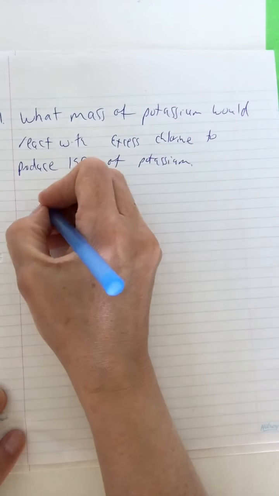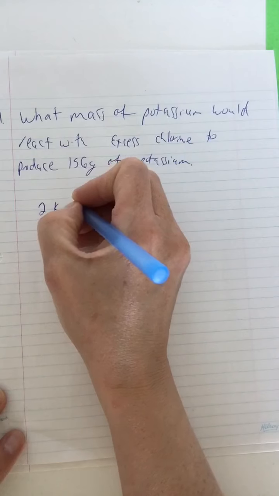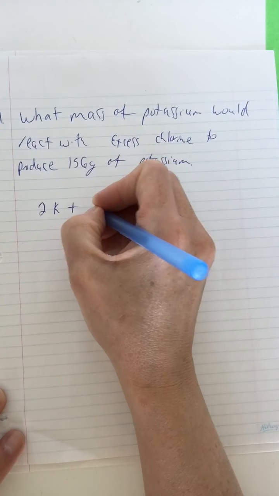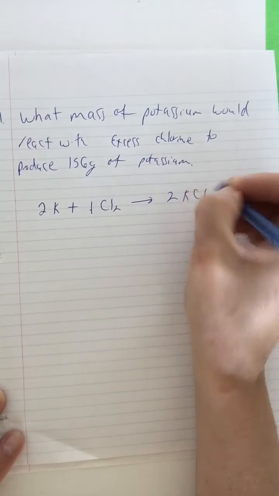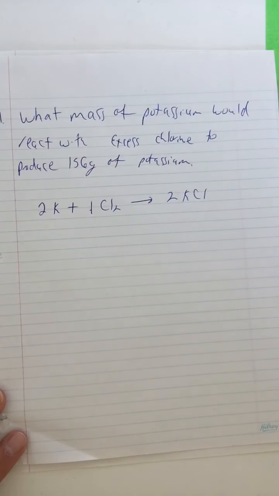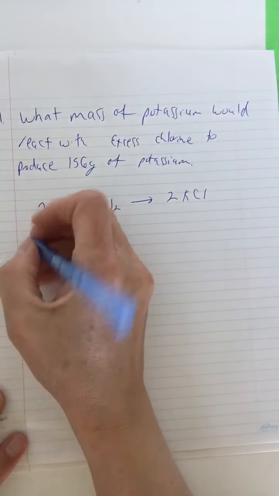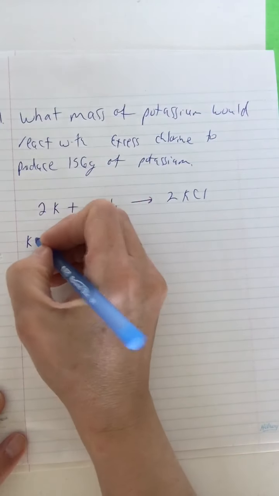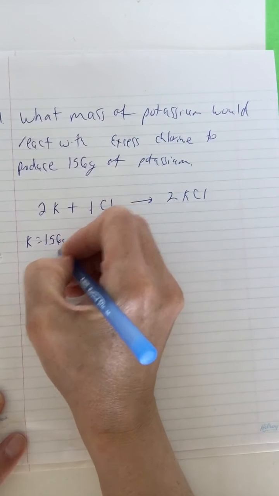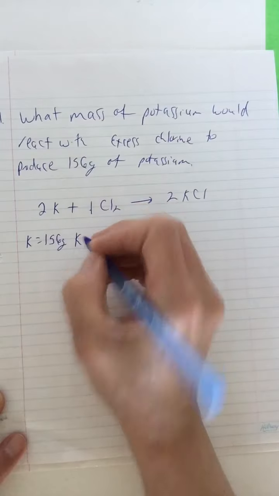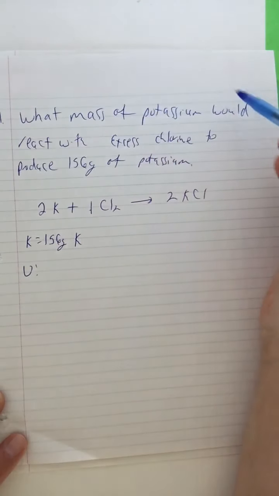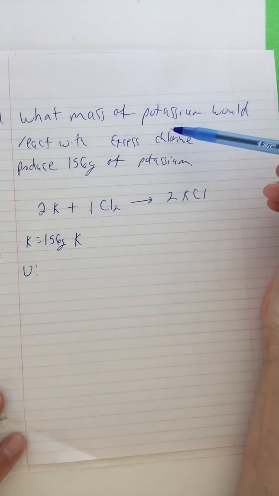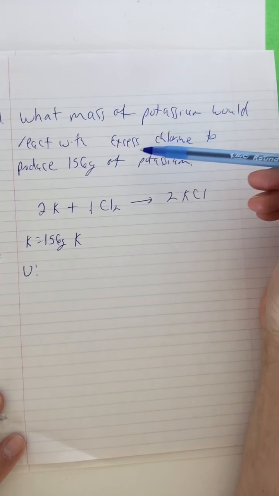So this is the balanced equation that was given. So there's our balanced equation. And I'm going to write down our known, which was 156 grams of potassium. Okay, and our unknown, what do they ask us for? What mass of potassium would react?